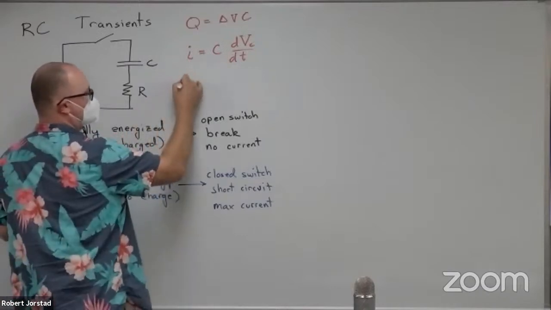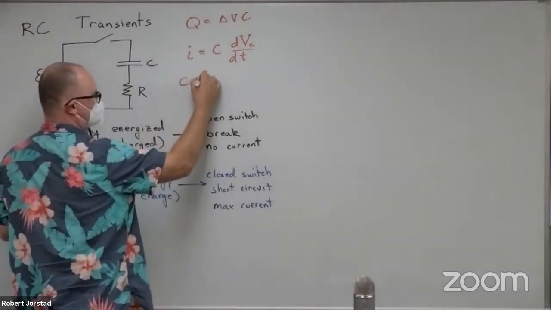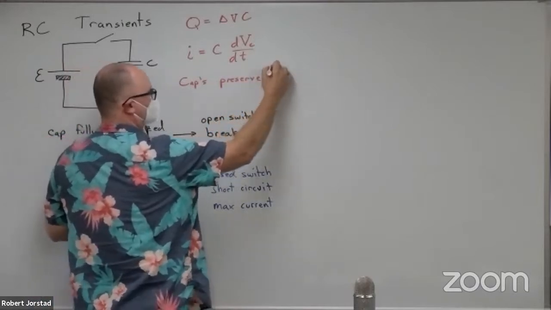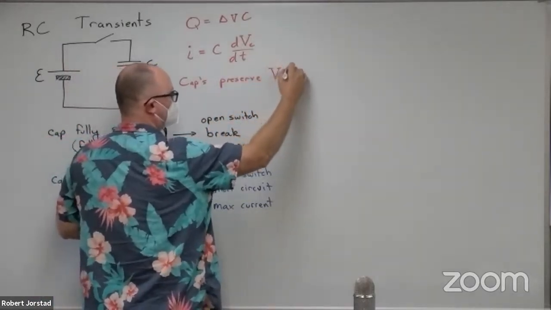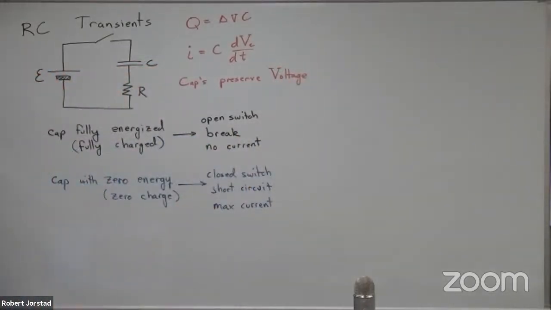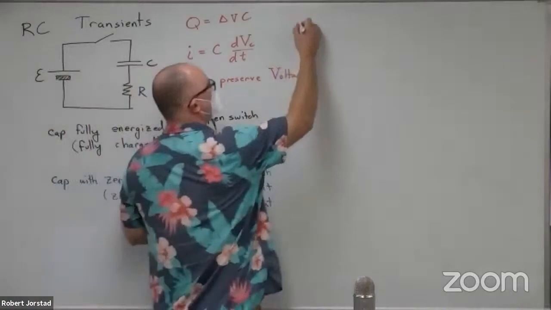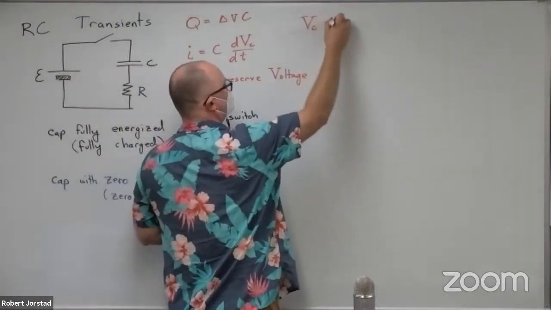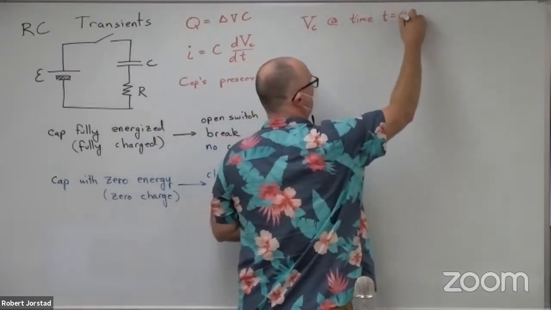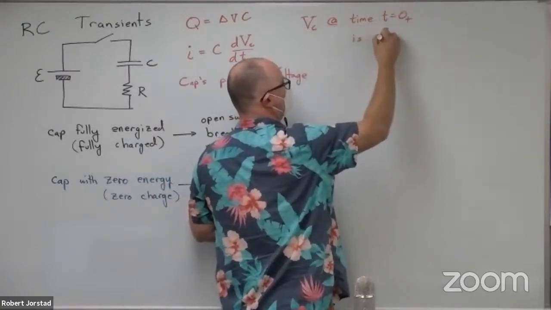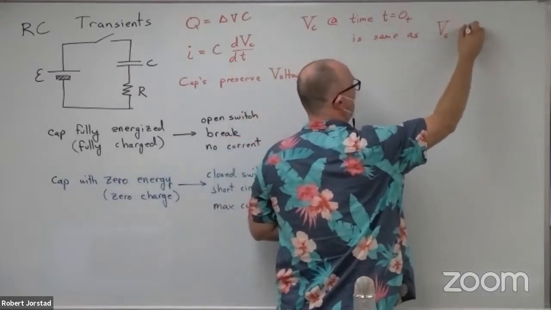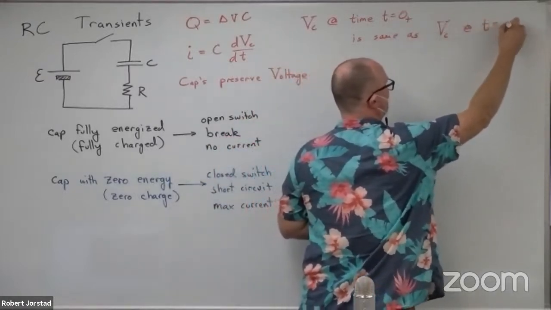So sometimes you're going to hear people say the caps preserve voltage. By that I mean voltage on the cap at time t equals 0 plus is same as voltage cap at t equals 0 minus.